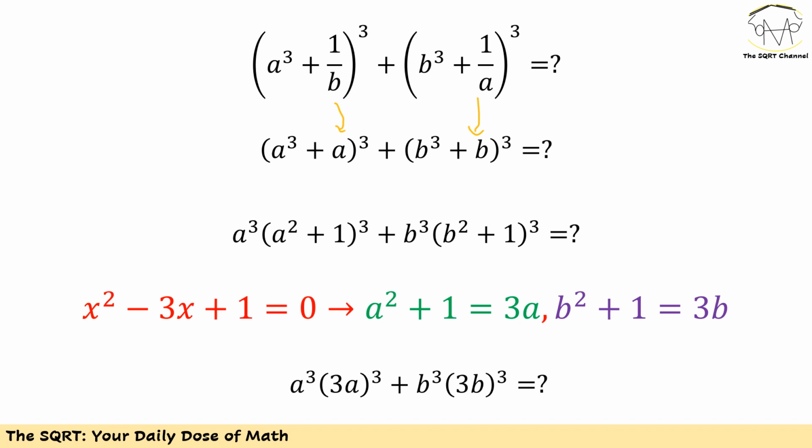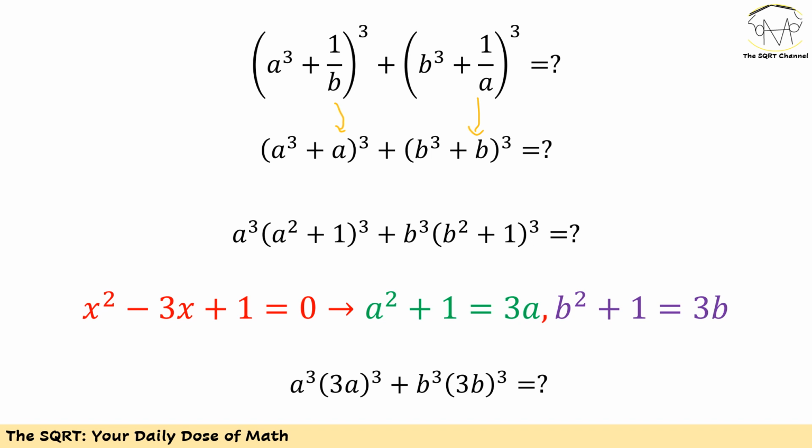On the other hand, I can use the same approach and write that b squared plus 1 is going to be 3b, and then I will use it for the second term. Using those, I'm going to end up with one simple expression. It's going to be a cubed times (3a) to the power of 3 plus b cubed times (3b) to the power of 3.